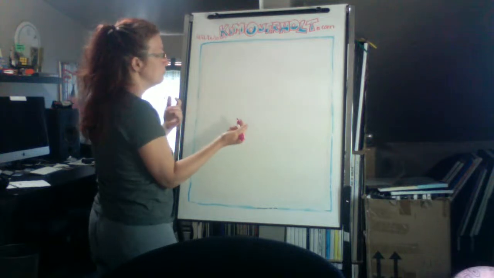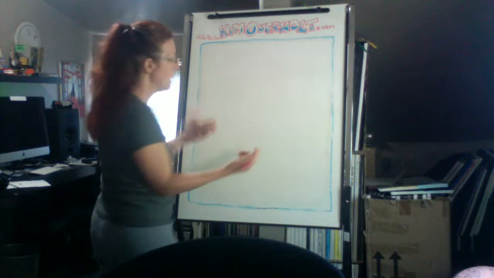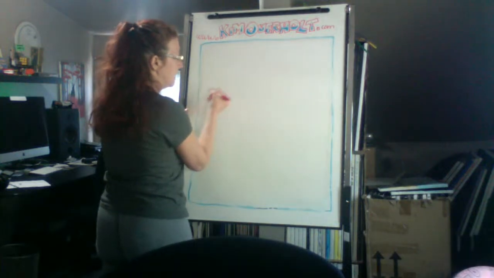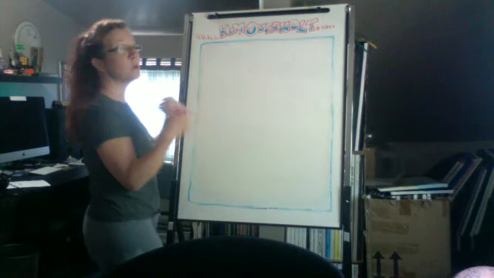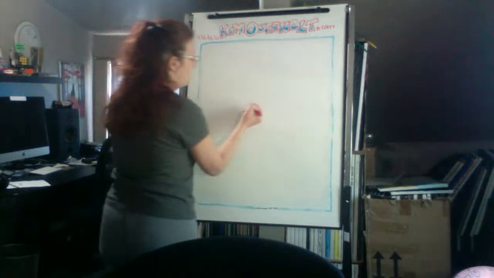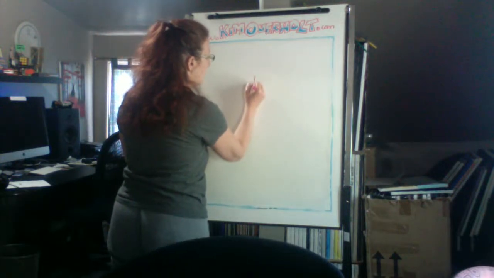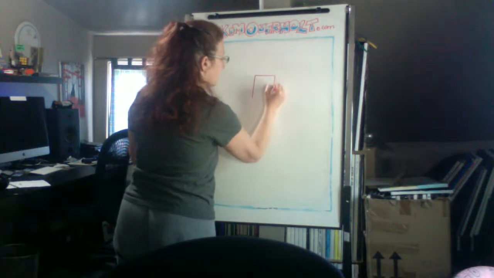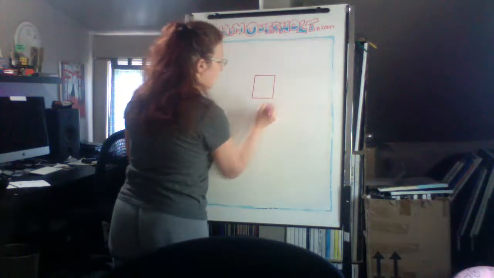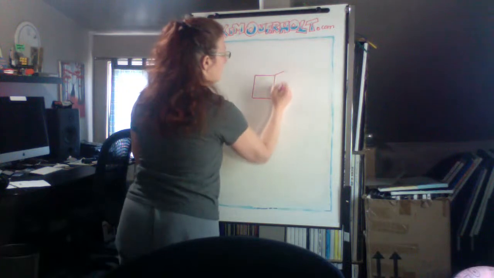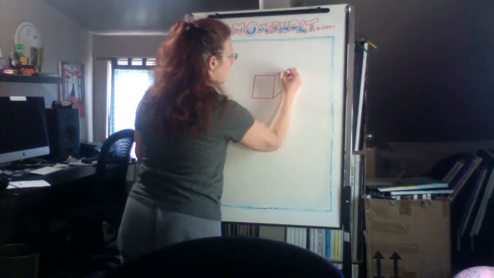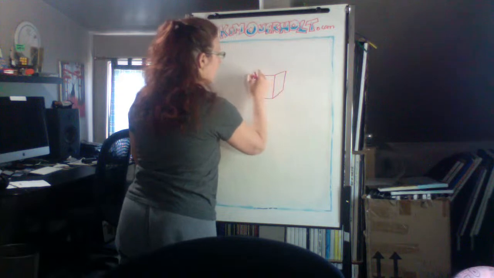If you want to make it more comic book style, you can get into perspective. Perspective is very, very important because that's where you see a box like that. And then you give it a little bit of dimension, which adds to it.